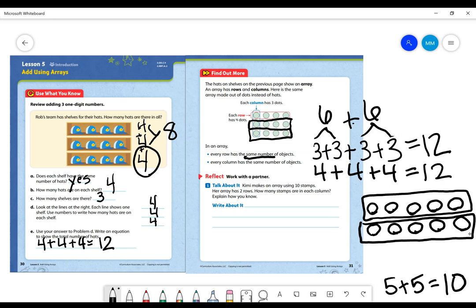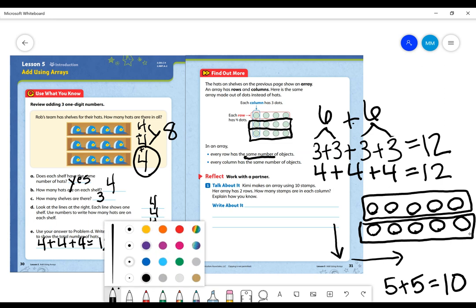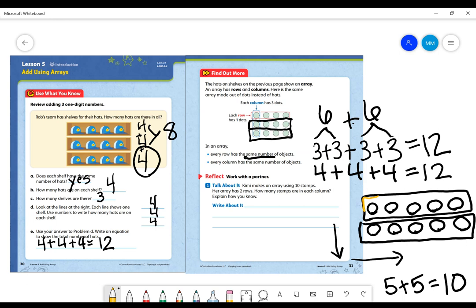Now it wants us to see how many stamps are in each column. Remember, rows go side to side, columns go up and down. So I am going to put a different color to show my columns. And I'm going to change the color. Let's do yellow. Okay, so I'm going to circle each column.